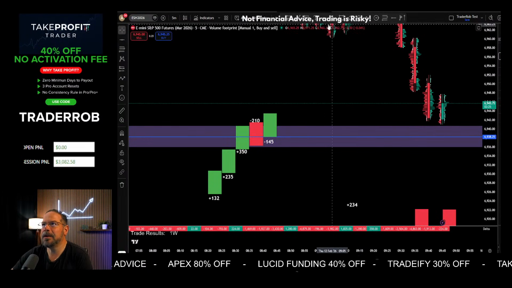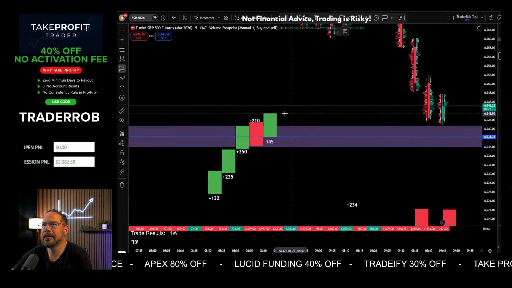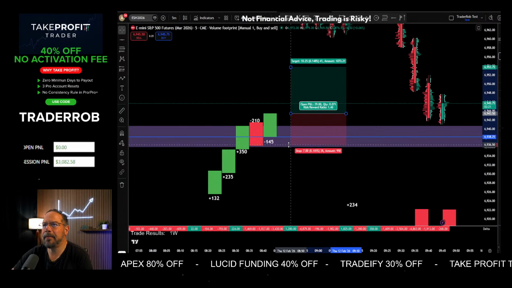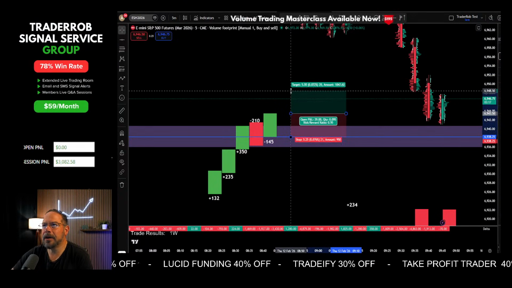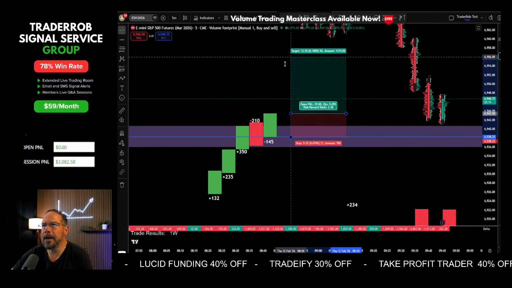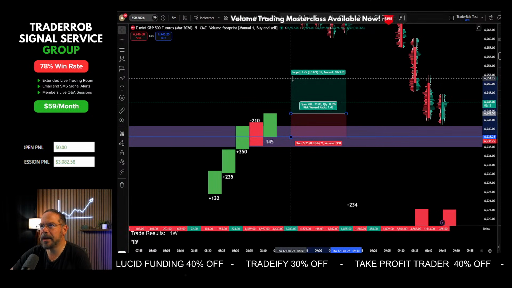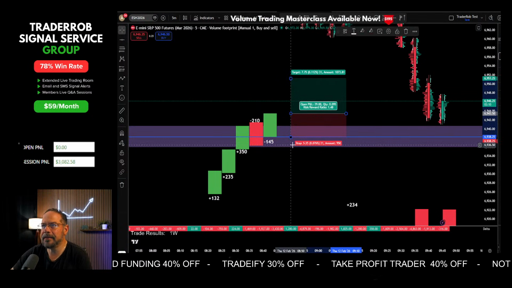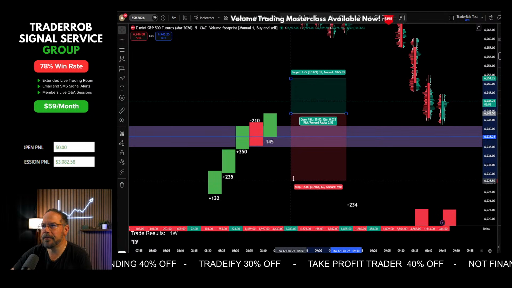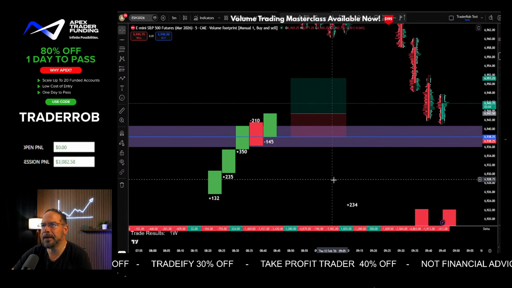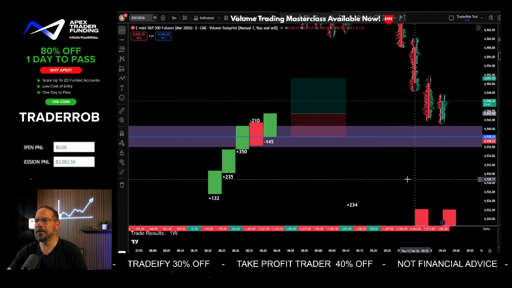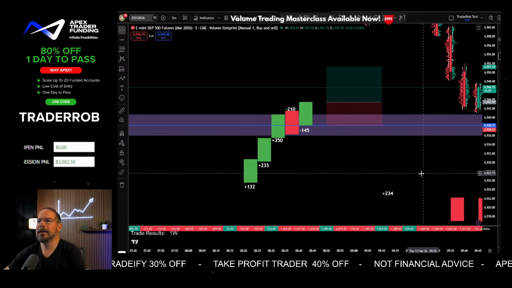That is my continuation play to the upside. Right here, stop loss goes below the flip, and I can target my 1-to-1, or whatever is predetermined based on your strategy or my strategy, whatever your TPs are. Same thing with your stop loss. If you've got a predetermined one, great. If not, it can go right at the bottom of that footprint. That is my continuation play to the upside.